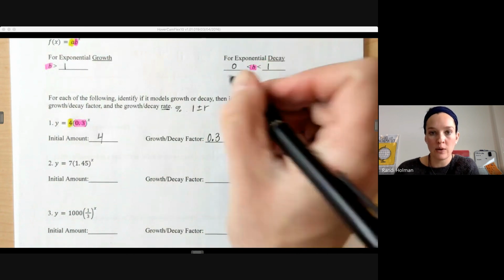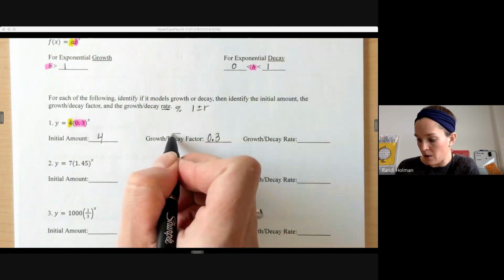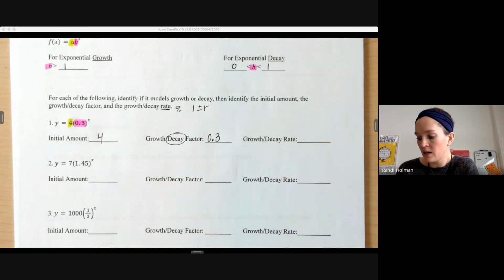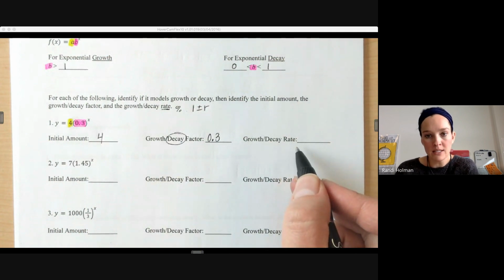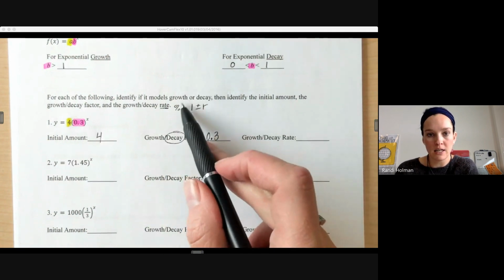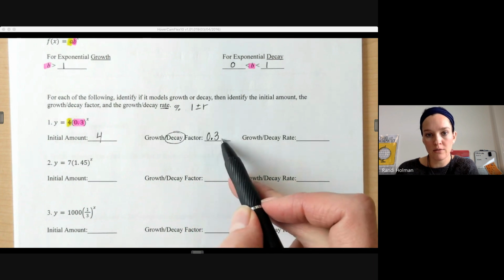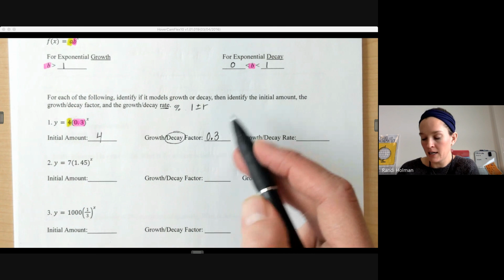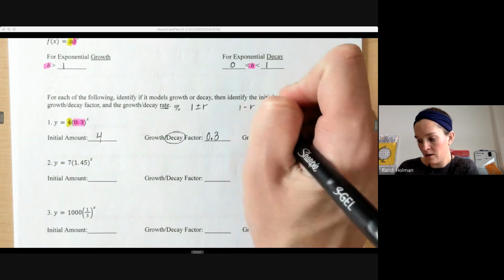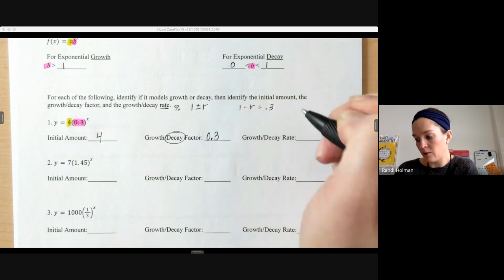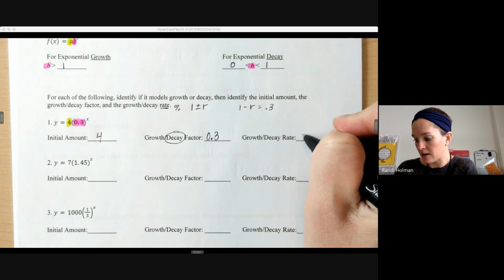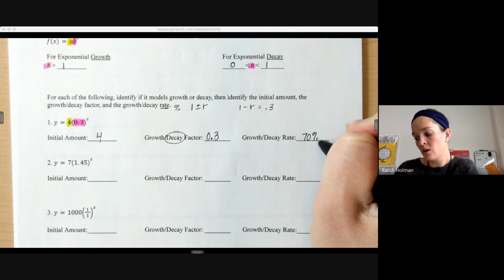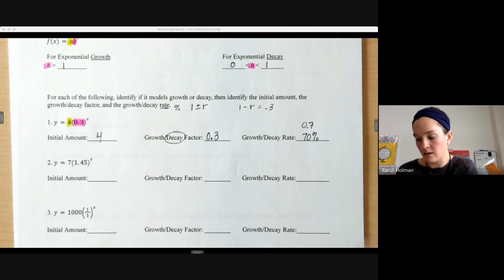Since that is between 0 and 1, we're talking about a decay factor. For our decay rate, if we have 0.3 remaining, that means 1 minus r gives me 0.3, which means that decay rate has to be 70%, or 0.7 is fine here too.